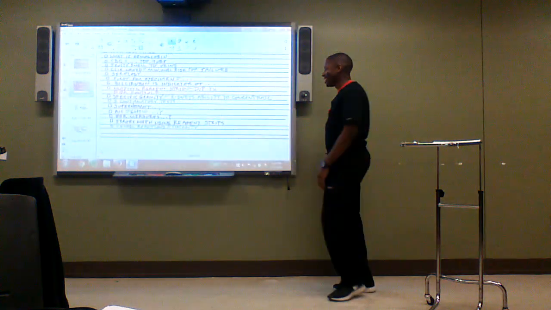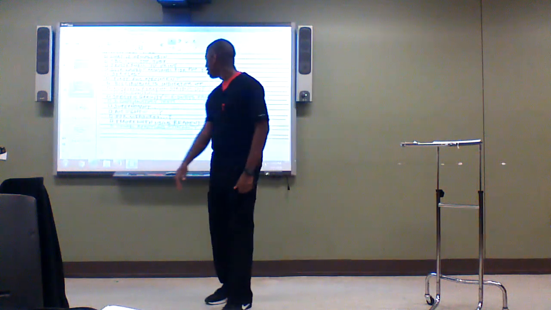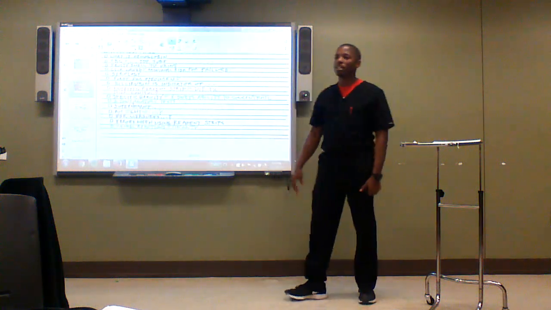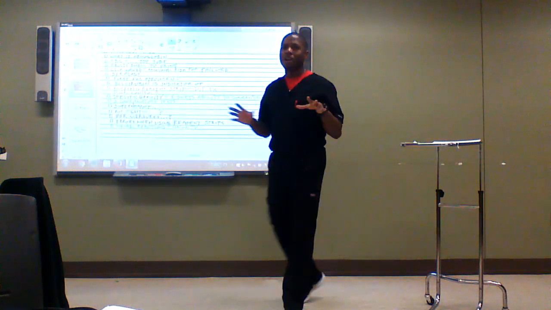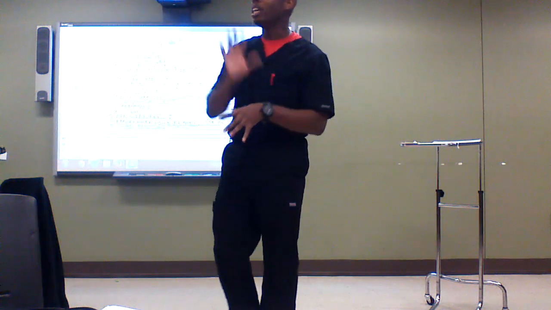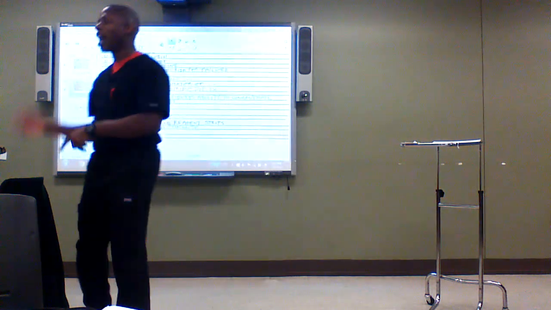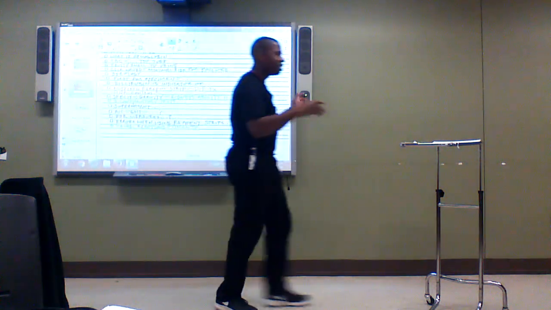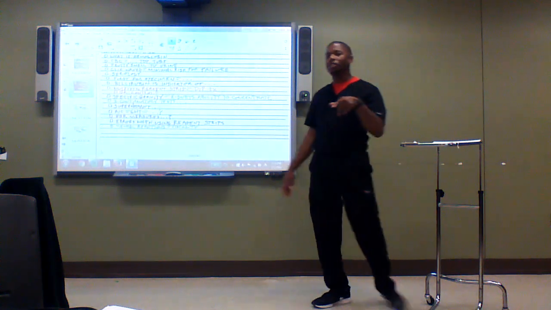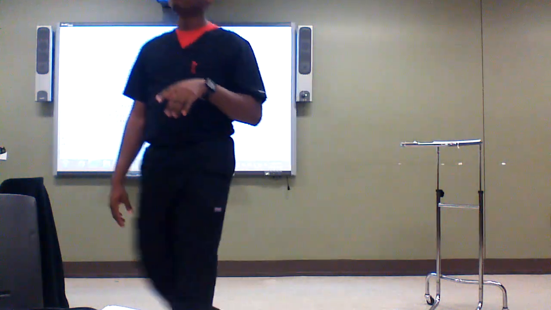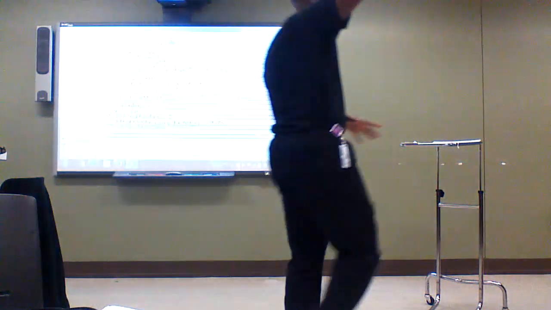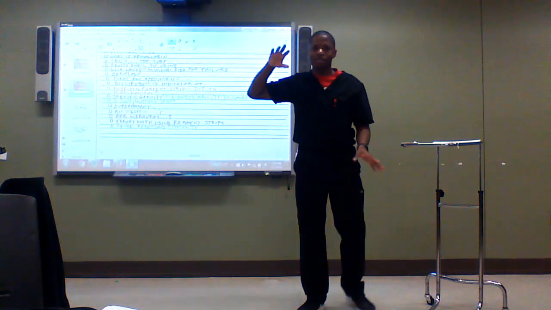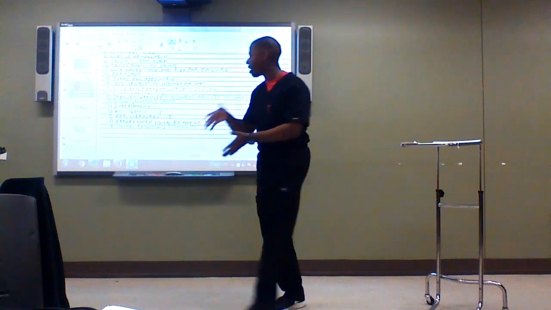Specific gravity tells us about the kidney's ability to concentrate the urine. The urine should be slightly heavy, it should be concentrated, but it shouldn't be too concentrated, and it shouldn't be too light. Goldilocks effect. We want it just right.